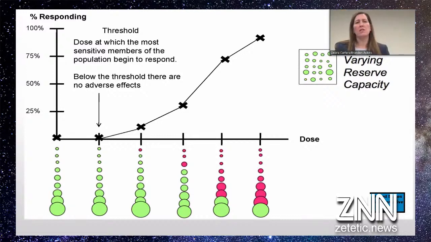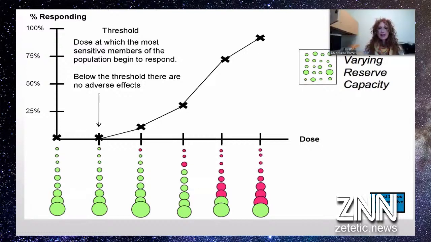Okay, this is the threshold slide we're looking at. Can you explain for the court this population of varying reserve capacity and what it means from the chart? Right, this is the notion that at some level of exposure, the body is able to accommodate and adapt to the exposure, and there's no expectation of an adverse effect.